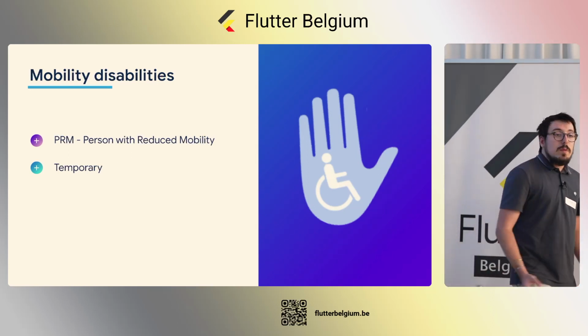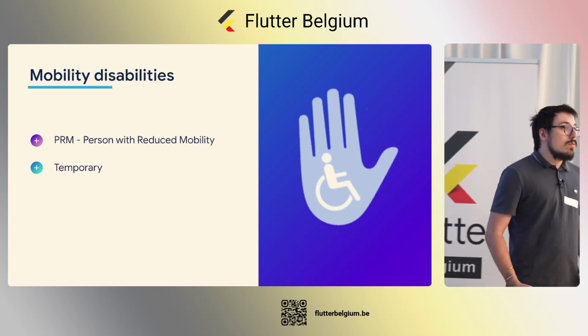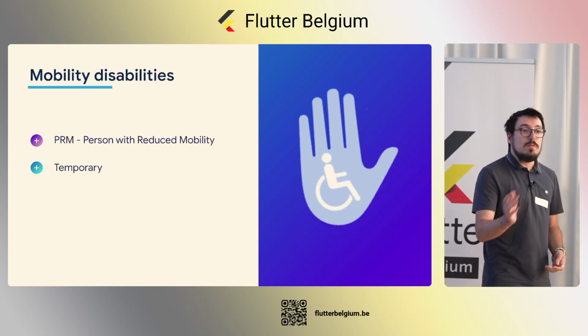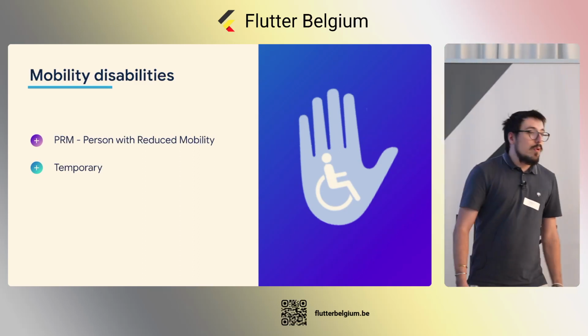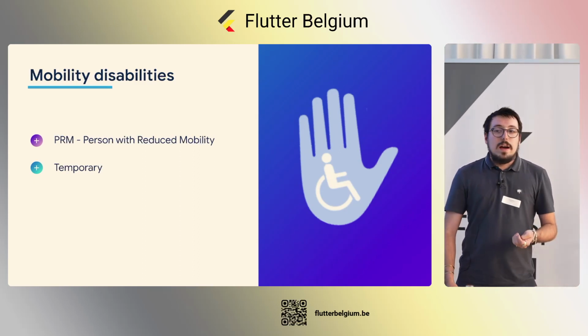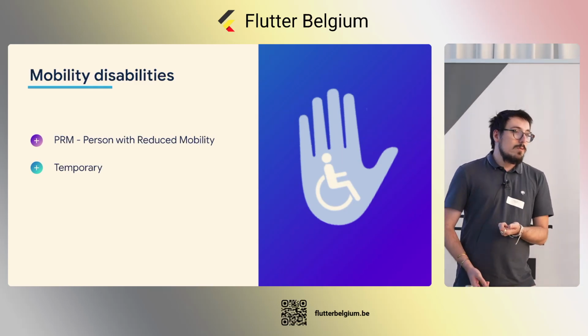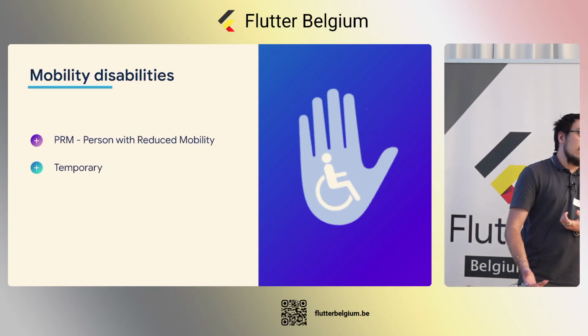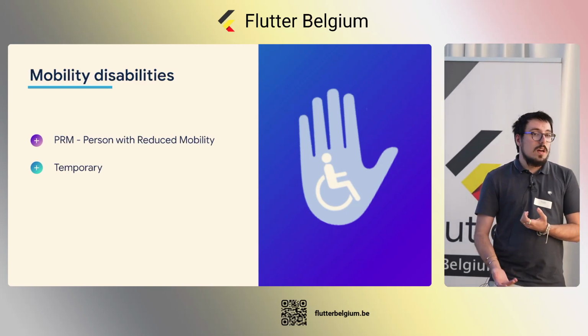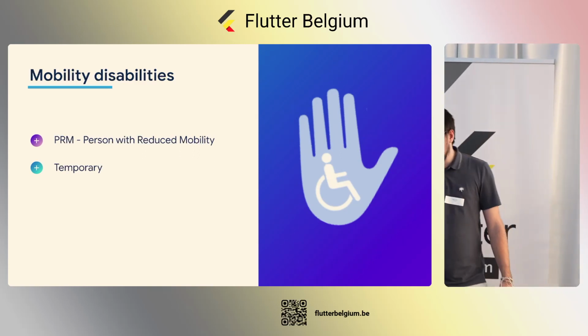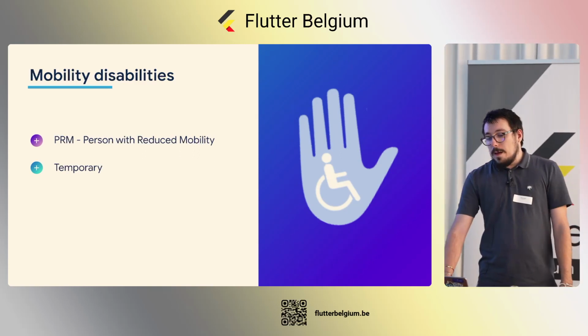By temporary, I mean that tomorrow, say you go hiking, you take a bad fall, you break your leg or your arm, and you have to use your phone, but now you have only one arm. So you have a temporary disability and will not be able to use your arm.